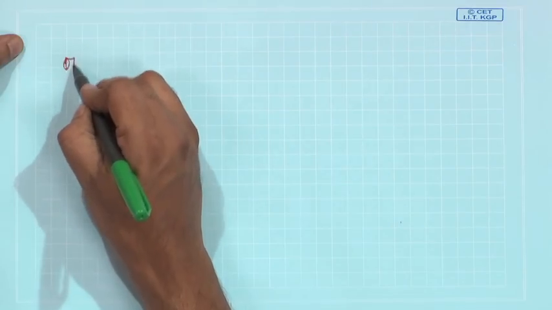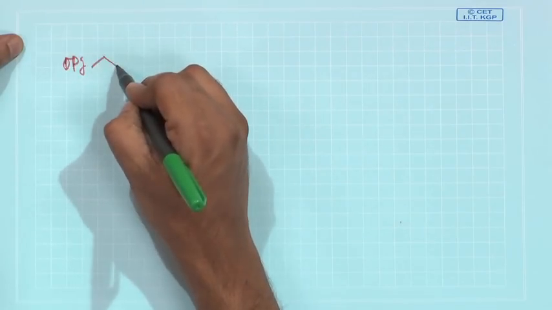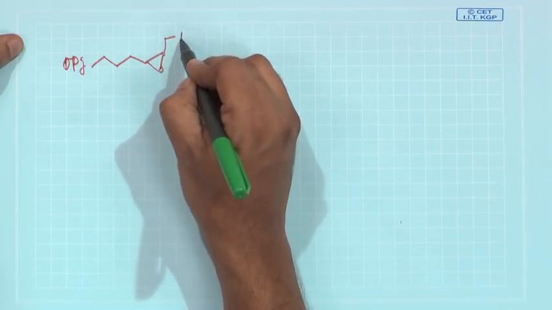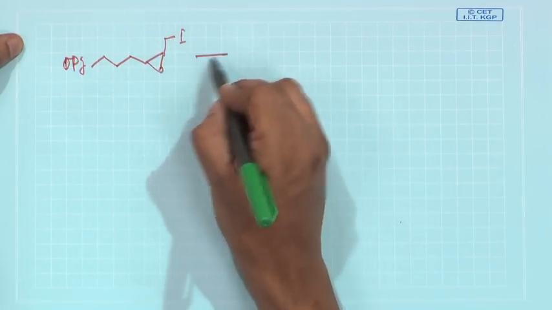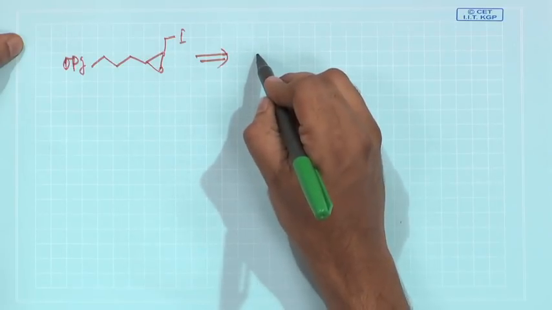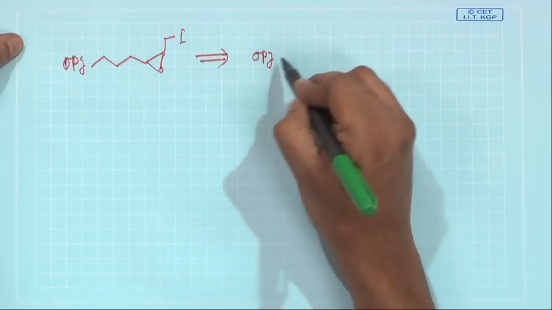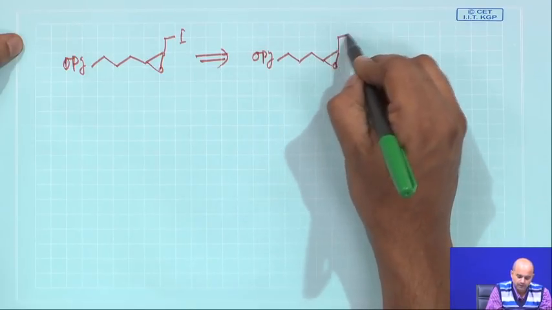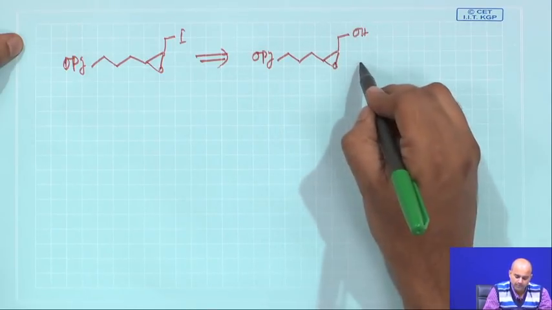So, now trying to formulate the entire pathway. You have OPG and the epoxide, which I am now writing as OCH2I. Now, try to do the retro. This iodo compound you can simply access from the corresponding alcohol through an Appel reaction.